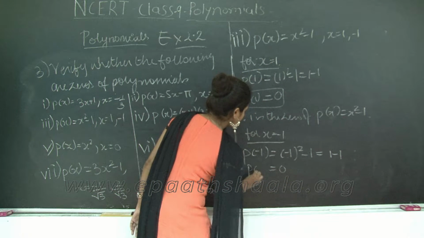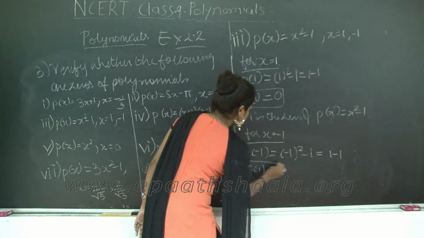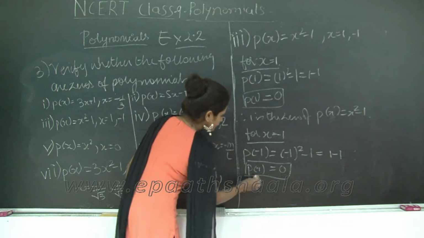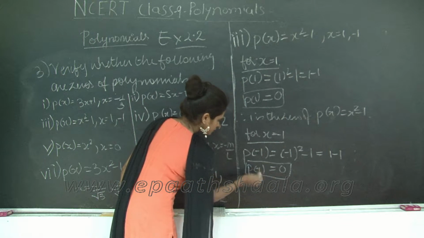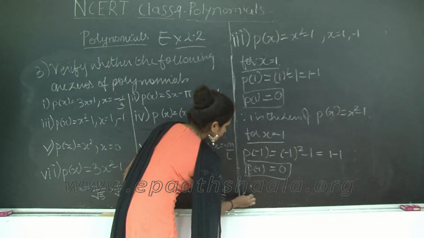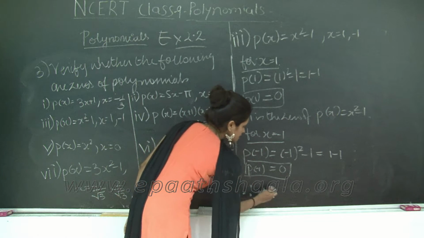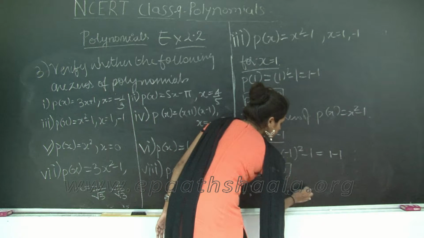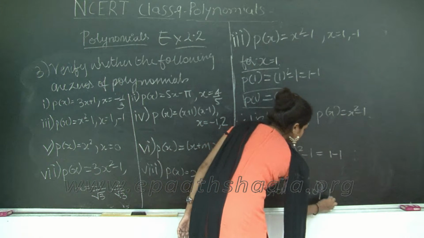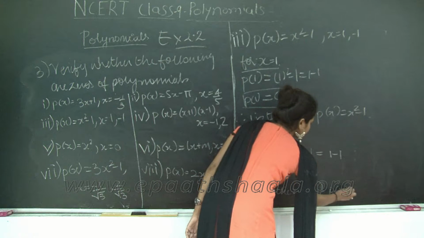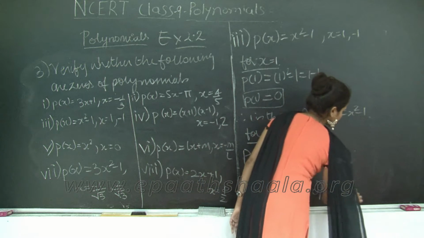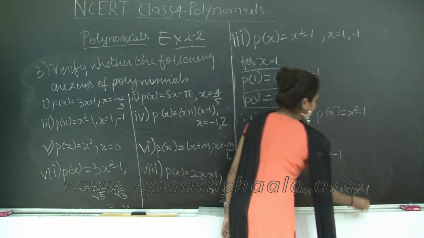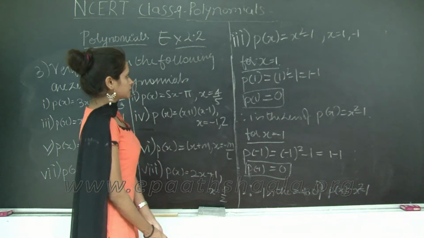So p(-1) is 0. Therefore, -1 is the zero of polynomial p(x) = x² - 1.